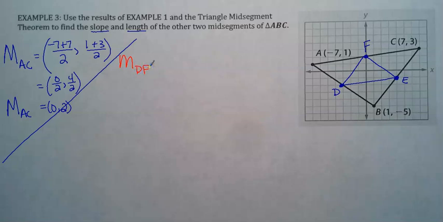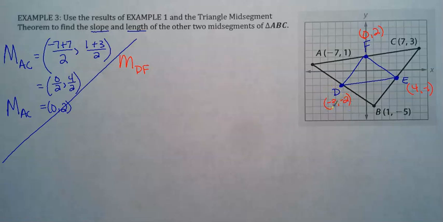F here is, we said 0, 2. And E was 4, -1. And D is, I don't even see that point. 1, 2, 3, -3, -2.